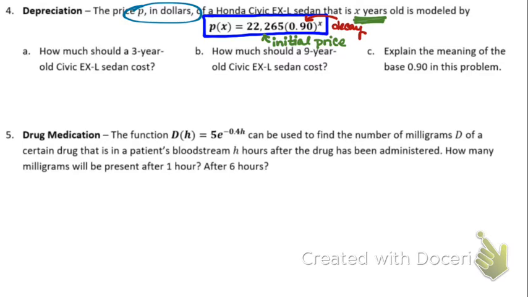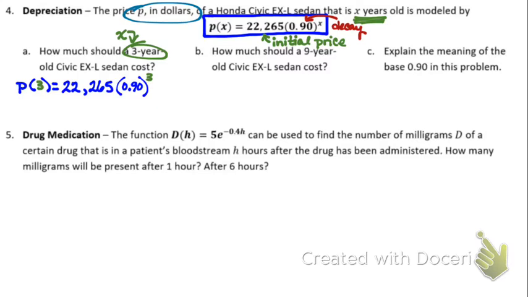So we are going to take 3. We're going to substitute that in for X, and we will find what the price should be. So P of 3 is equal to 22,265 times 0.90 to the power of 3.